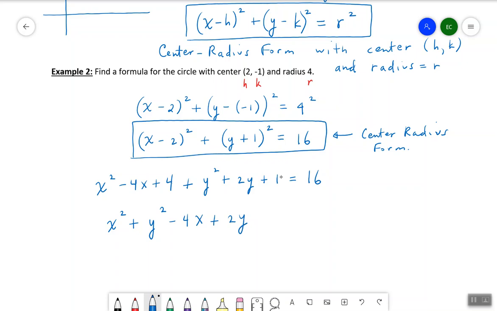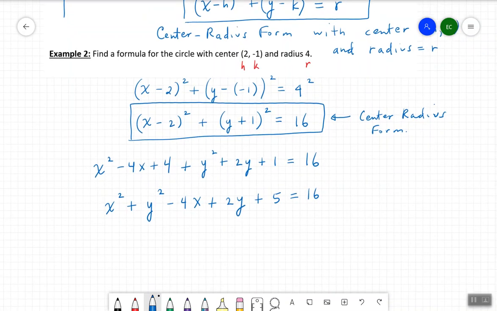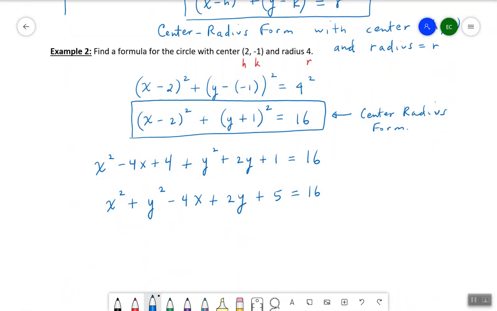And then there's 4 plus 1 is 5, so we'll write plus 5 equals 16. And then we can subtract 16 from both sides to get to our answer right here, and I'll box that up.